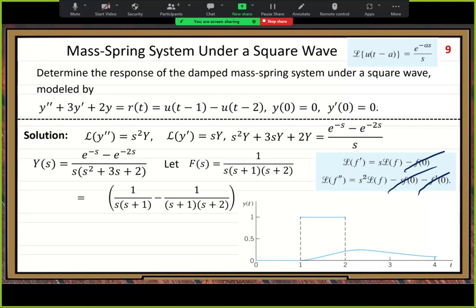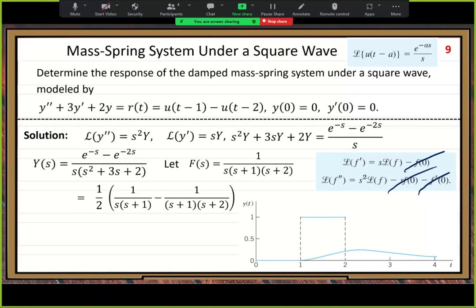Second, s plus 1 times s plus 2. Common, so the difference s plus 2 minus s. You have 2 as numerator, right? But we need to multiply by 1/2 to make that 2 into 1. In this way, you can avoid the partial fraction step.